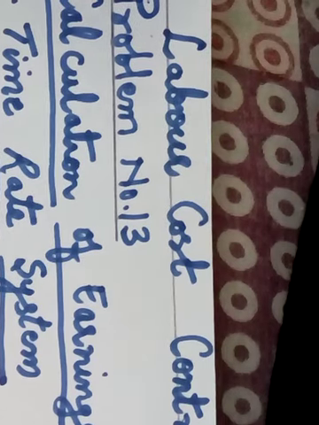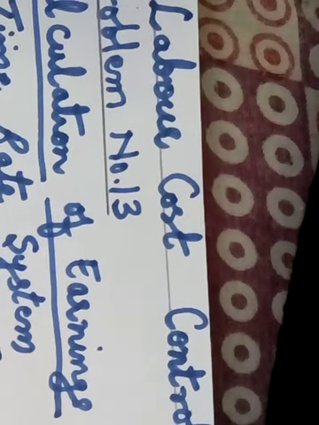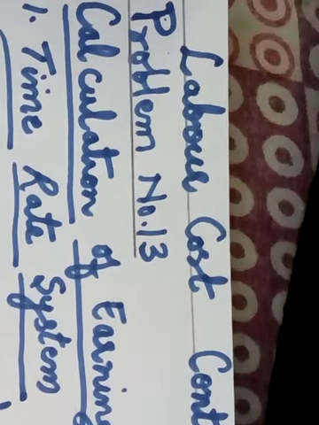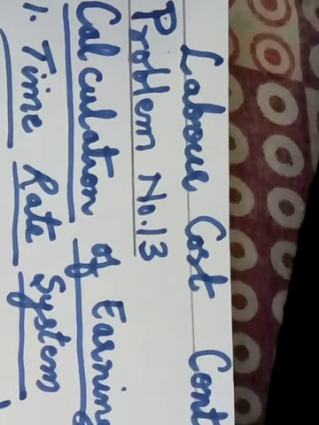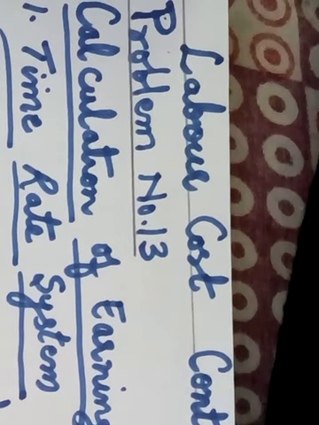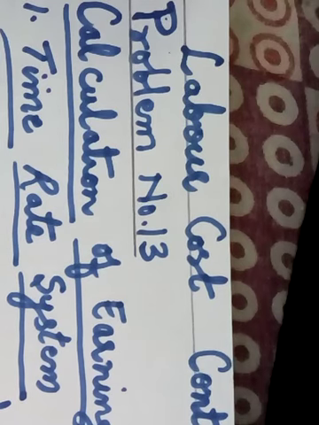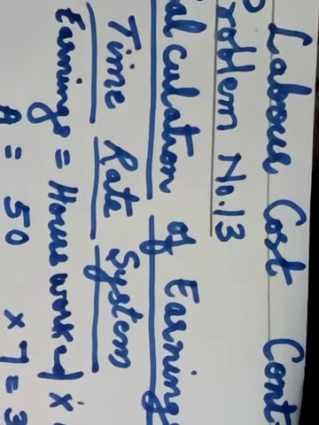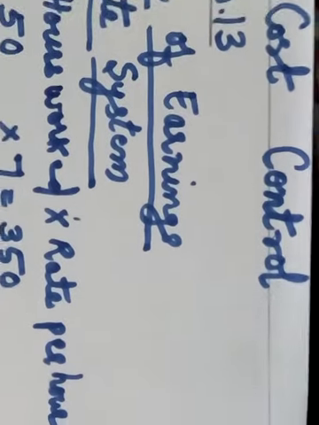Let's start learning calculation of earnings from the first method, time rate system. This can be calculated with the formula: under time rate system, earnings equals hours worked into rate per hour.